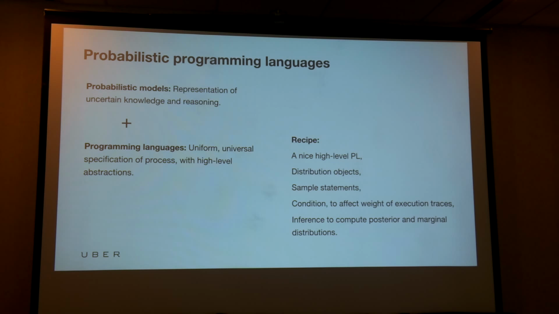There are others like WebPPL, which is built on JavaScript, or Church, which is built in Scheme. There are primitive random objects, distribution objects. There's extra pieces of syntax that mark when you're calling random functions. And there are primitives that allow data to modify the way that a probabilistic model runs forward. And of course, there's inference, which is what we're going to, which fits some of the sample statements to values of the others.